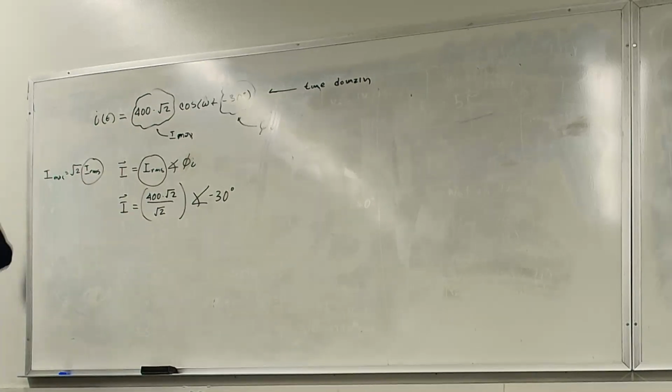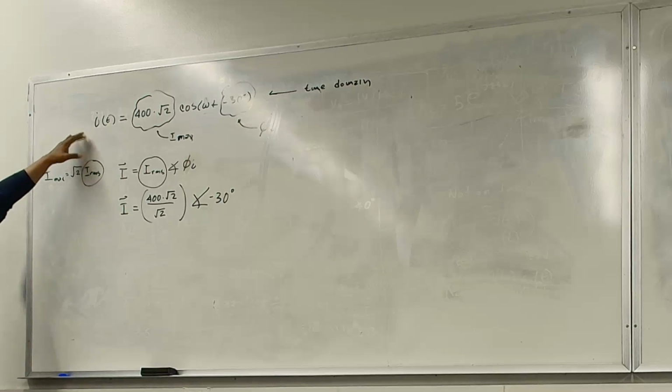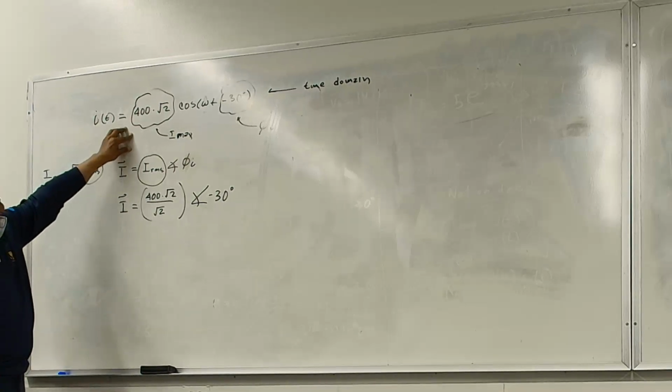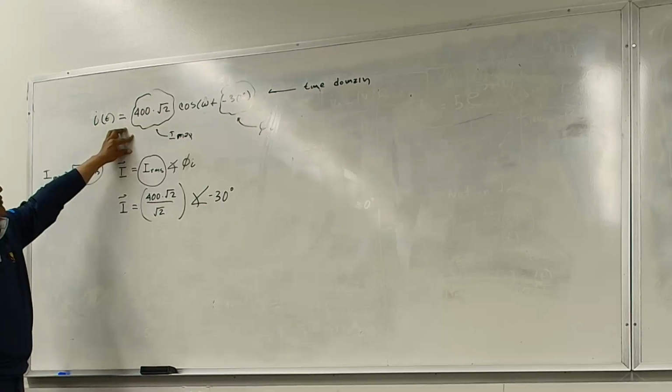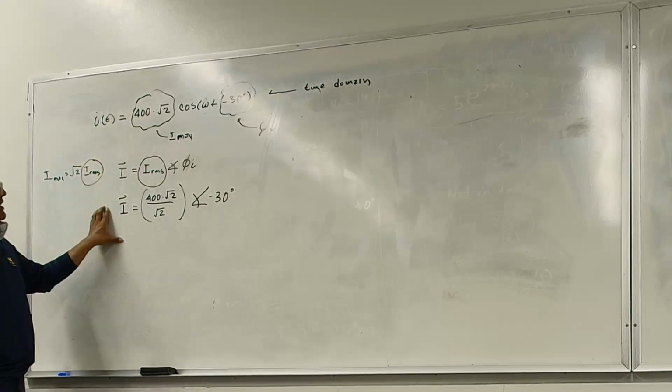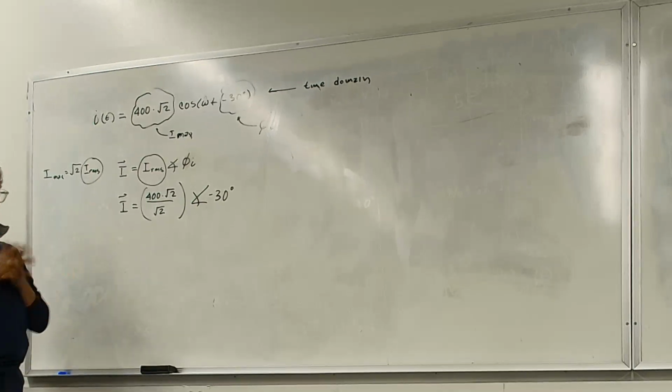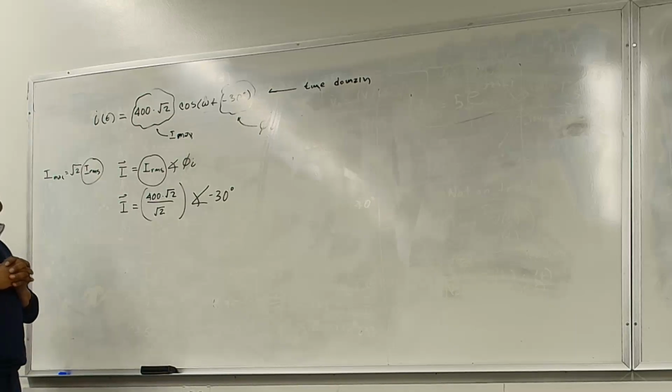Another way, and I know we did this derivation, on how we got from a time domain signal to a phasor signal, where I said the only thing that we keep is the piece of the signal that doesn't move, or we freeze it, right?